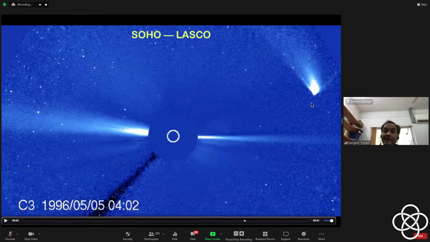And that essentially tells you that if the dust tail is not getting affected and the ionic tail is getting affected, then there are ions and charged particles being ejected from the sun at all times, which are affecting this ionic tail.